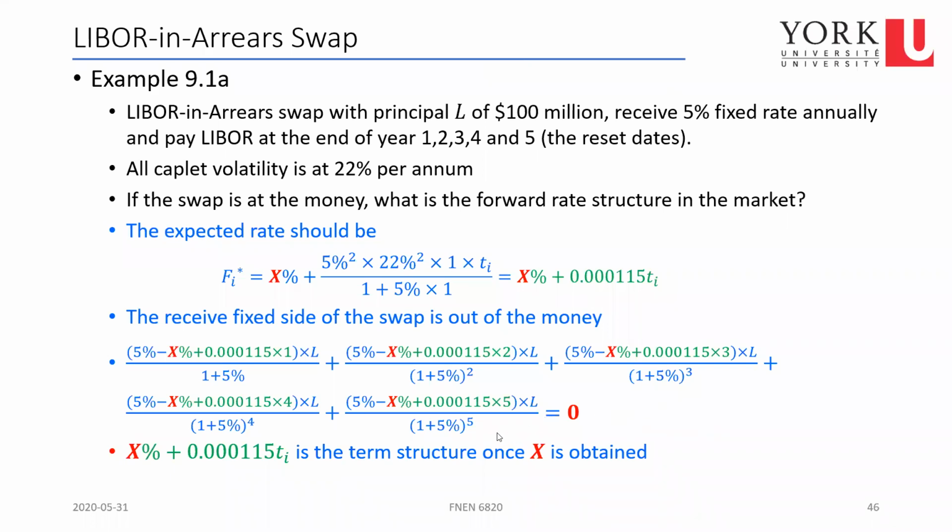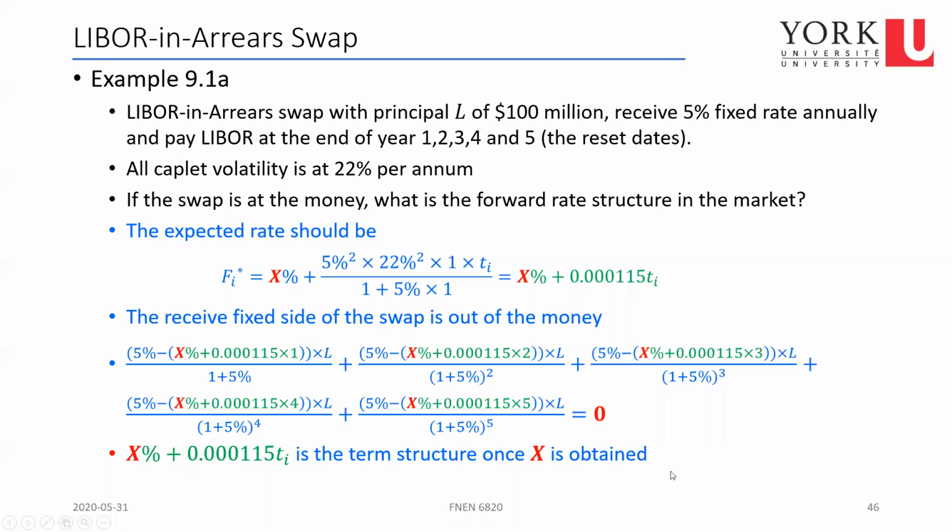Out of this condition with the 0, you can back out what x is. x should be some number less than what we have seen earlier, because before that one produced a negative value here. Actually, on this slide, there was a typo. There should be an extra bracket here. It's a sum. So x should be some value less than 5%. Let's now move on to a different product.